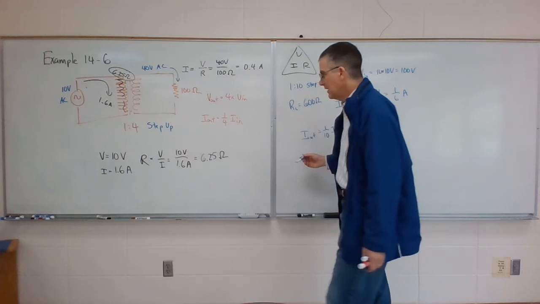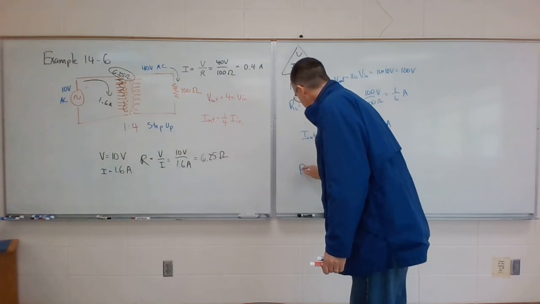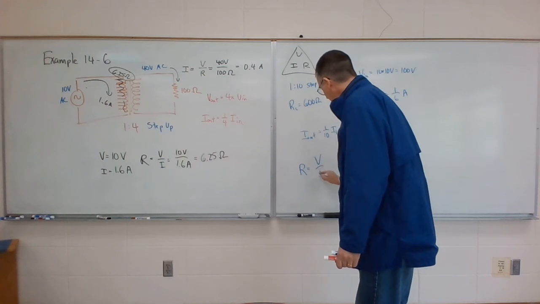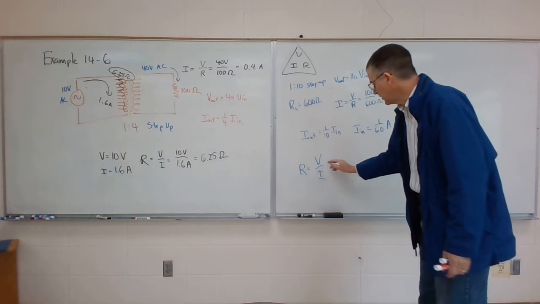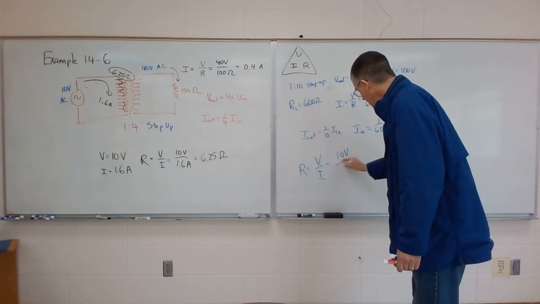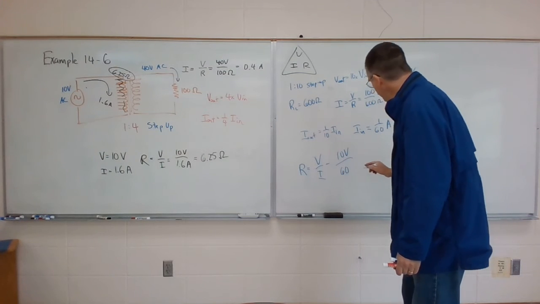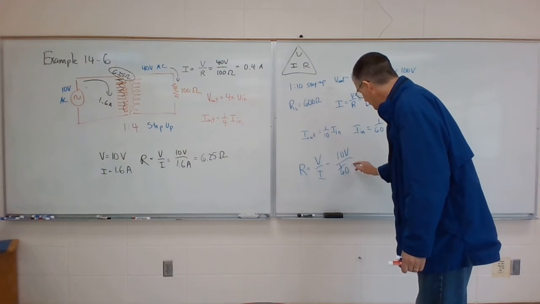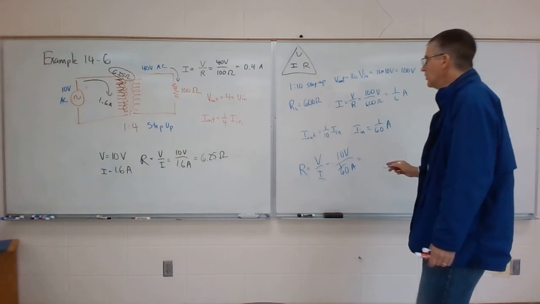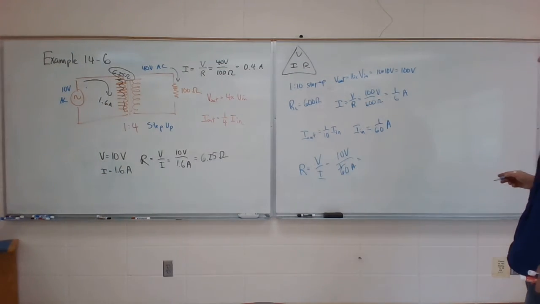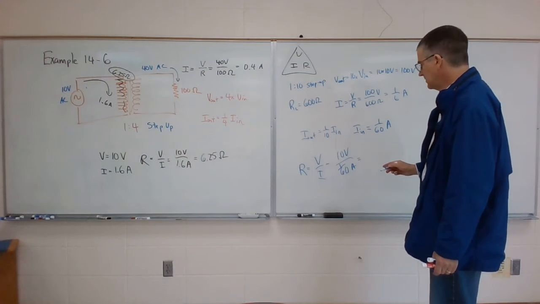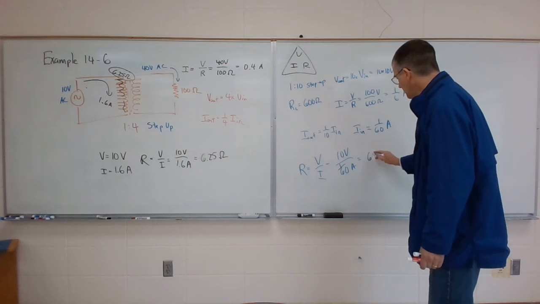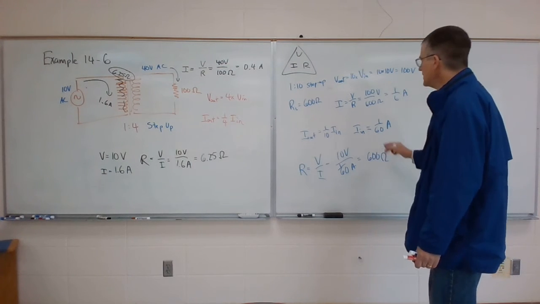So the resistance that's seen by the primary is my voltage divided by my current. Again, just following what I did over here. It would be 10 volts divided by 1/60th of an amp. I feel like I'm doing something wrong because I'm coming up with 600 ohms, and that's the same as the input answer.